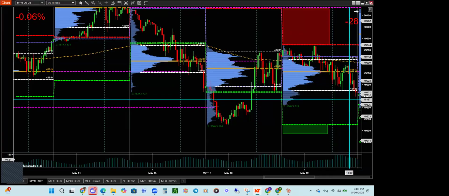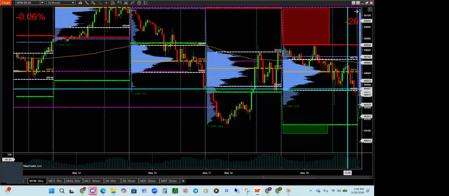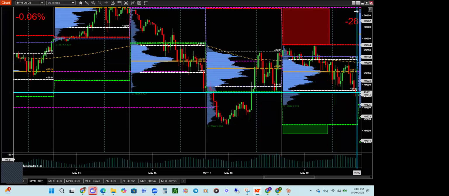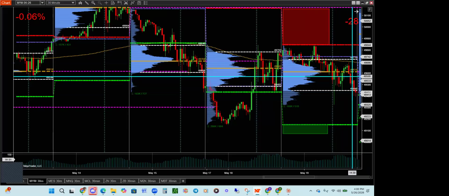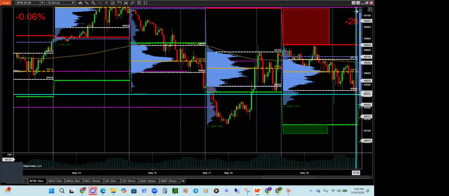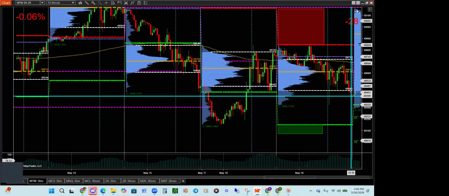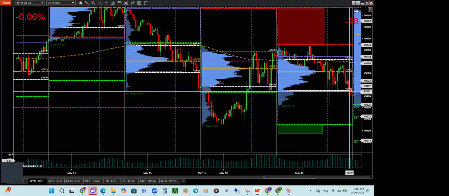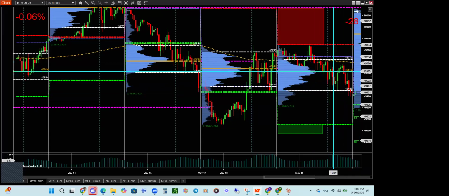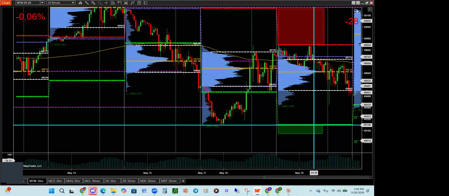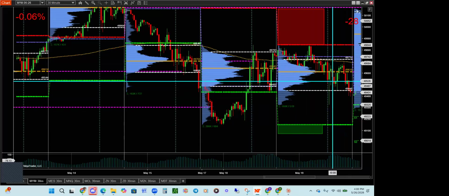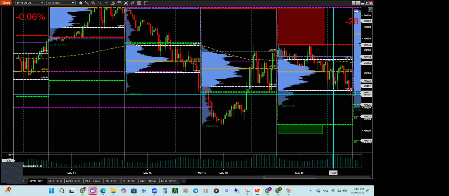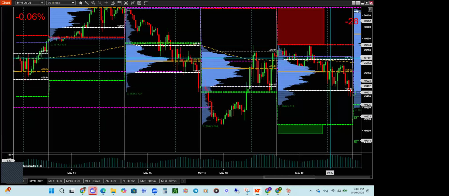Okay, now let's see here. This was the close of the day here. This was the close of session. So it hung out here and finished the day right here. Okay. So on Range Trader, looking at the outside edges, this whole trading session, the RTH session on May 19th, stayed inside the prior day range.